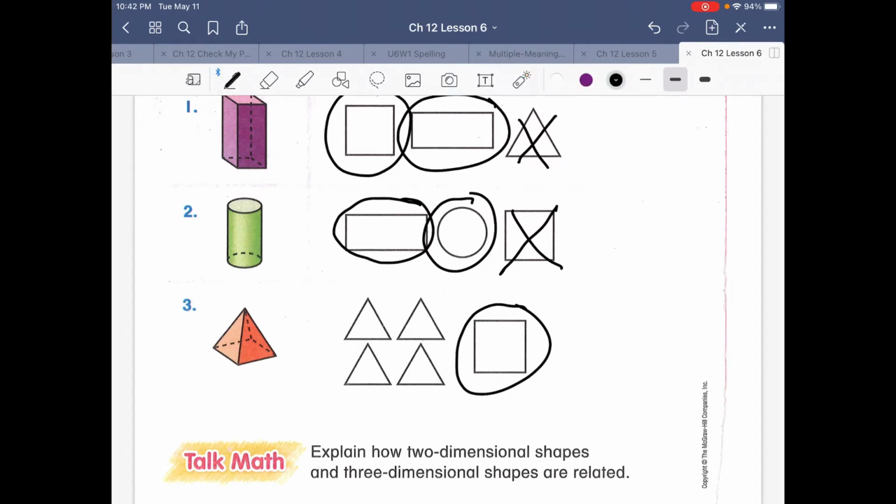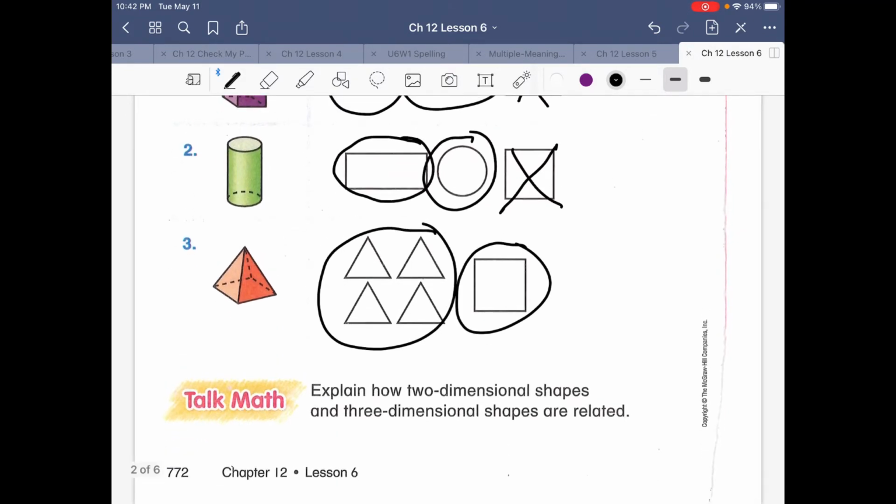So we are going to circle those 4 triangle shapes that make up that square pyramid. Explain how two-dimensional shapes and three-dimensional shapes are related. Well, two-dimensional shapes are what make up a three-dimensional shape as their faces.